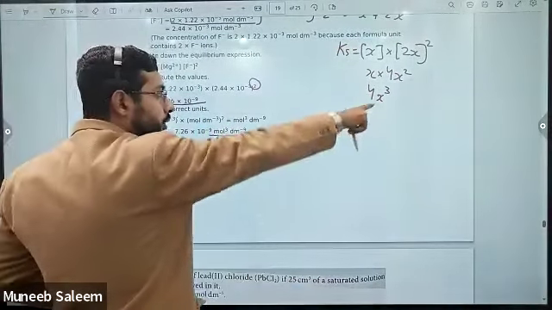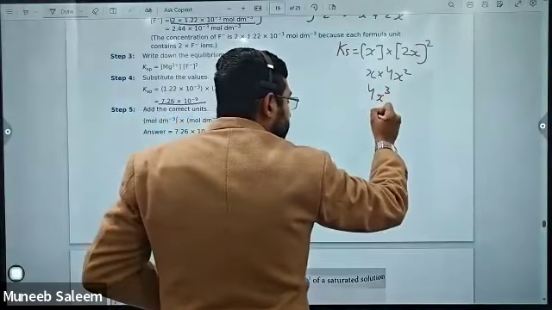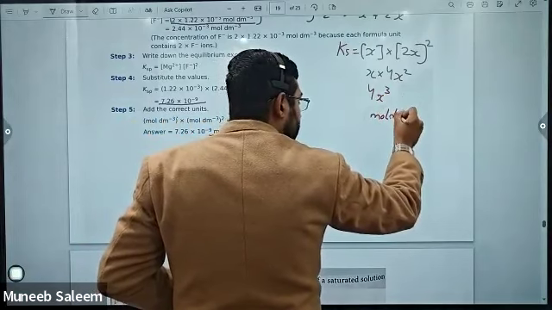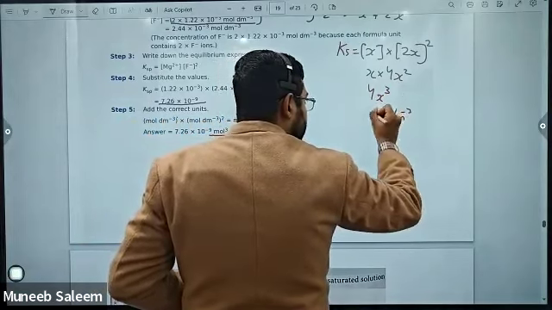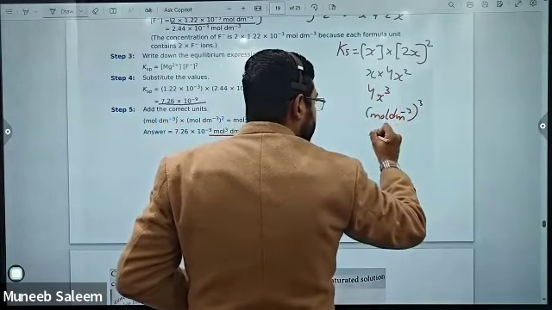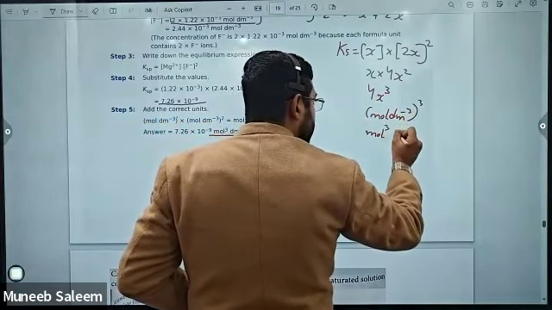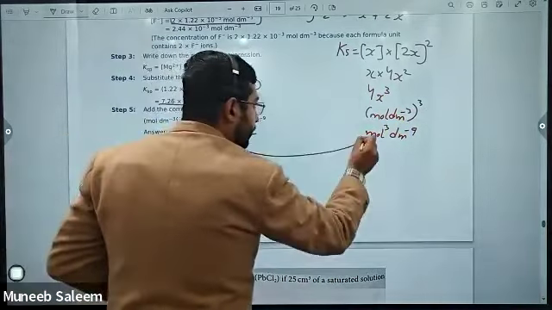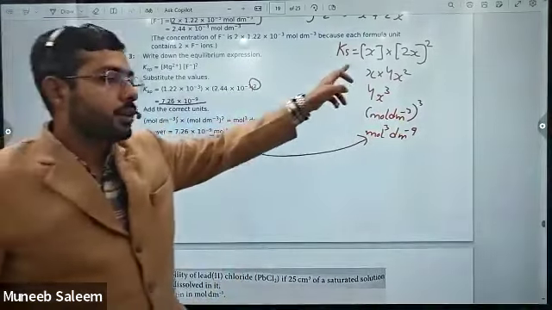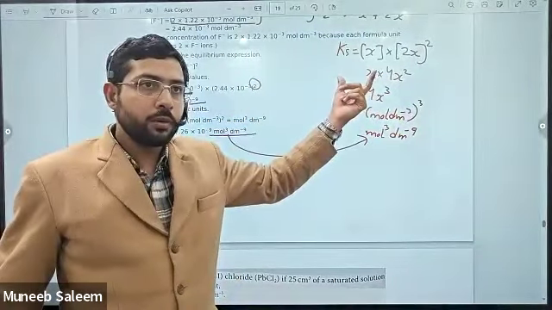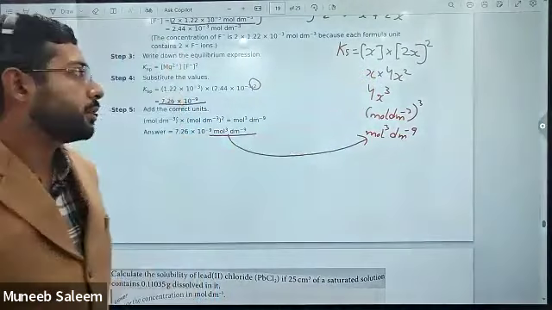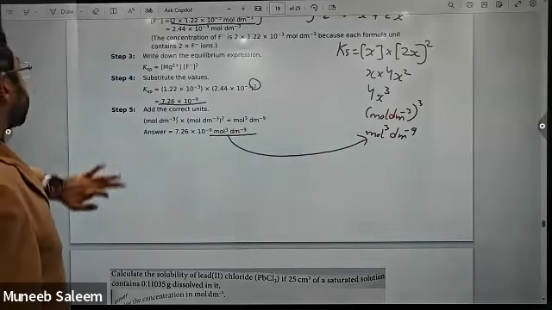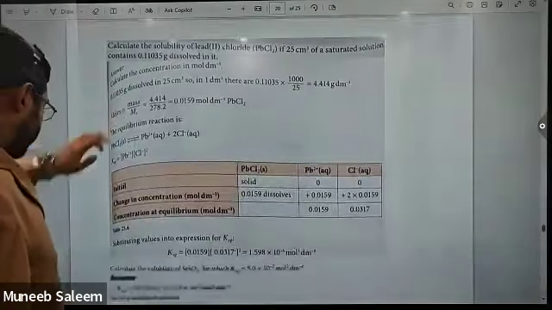And you can clearly see here this X is cubed and it is solubility in terms of mole per dm cubed. So mole per dm cubed with power 3 will give you mole 3 and dm minus 9, and it is similar here. So that's what I said, that whenever we have such a type of ionic compound, then you will get this type of expression, and this X is basically the solubility in terms of its value. Let's move to the next question.